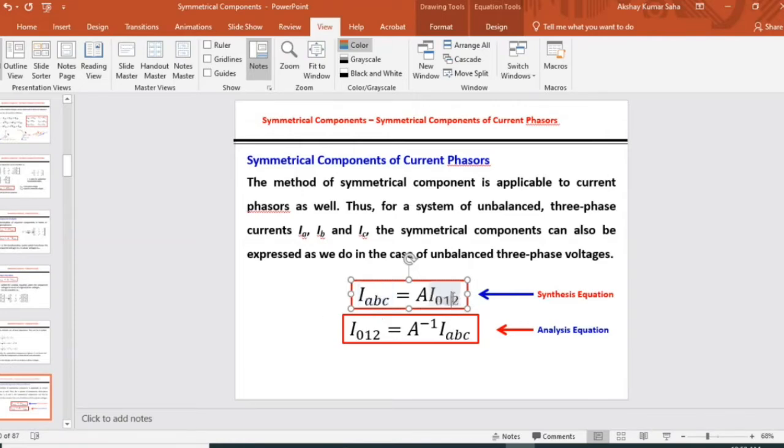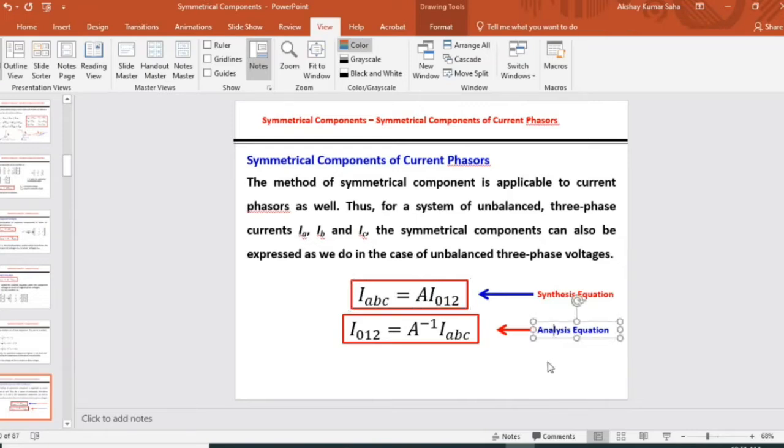So IABC will be equal to A times I012, meaning the phase currents can be expressed in terms of the transformation matrix and the sequence component currents, like sequence component voltages. So zero sequence current, positive sequence current, and negative sequence current.